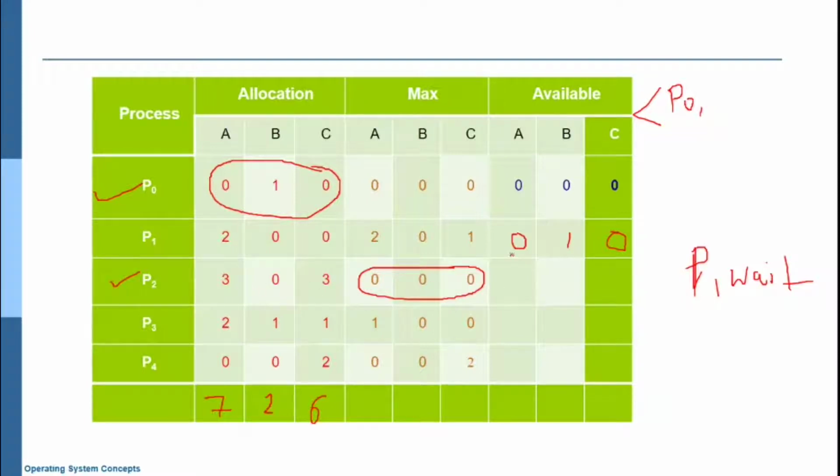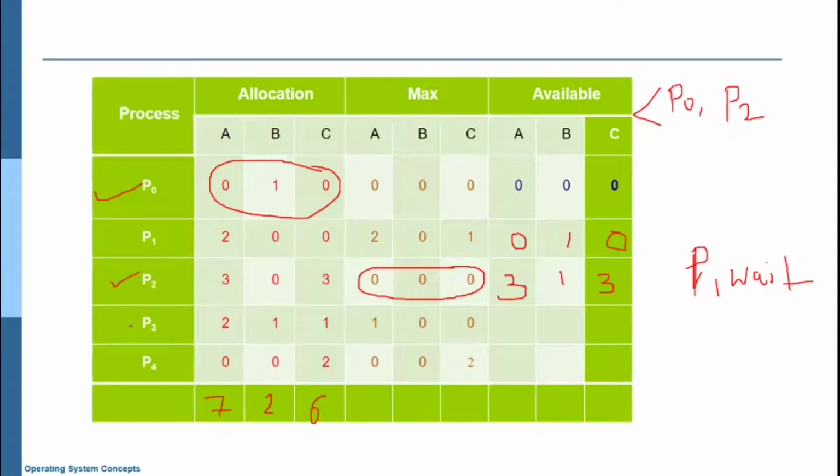So 3 plus 0 is 3, 0 plus 1 is 1, 3 plus 0 is 3. Now the total available resources is 3, 1, 3. So P0 and P2 completed their tasks, not P1. P1 is still waiting, because it cannot satisfy its condition.